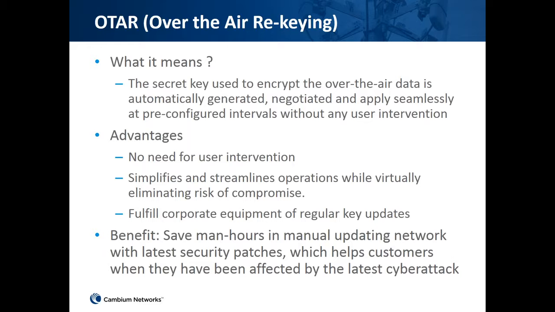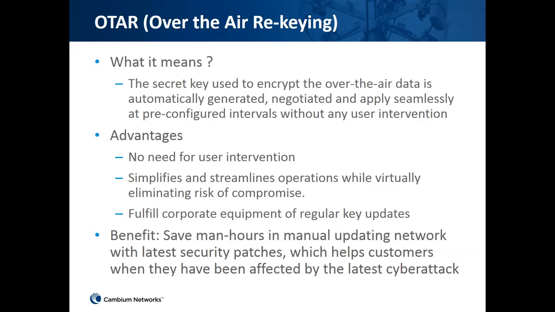So say you change the password, you have to change it across all the radios across all the networks. A lot of times, from what we see, there's always a user error that happens, and that takes a lot of time to reconfigure and make right. But OTAR is an automatic feature.